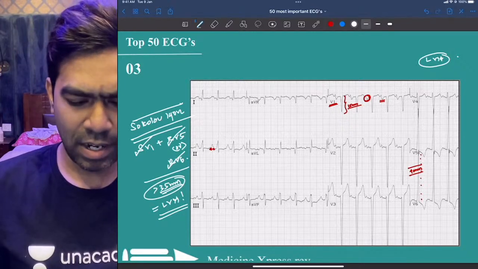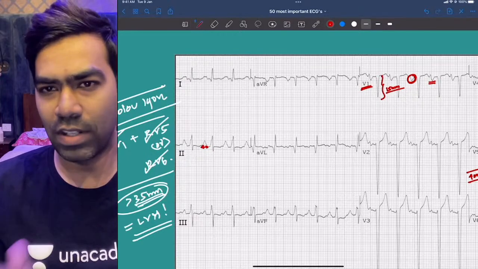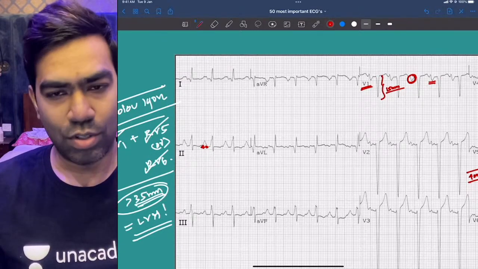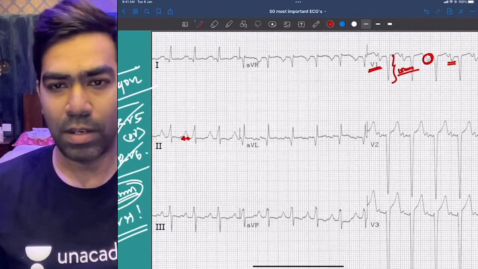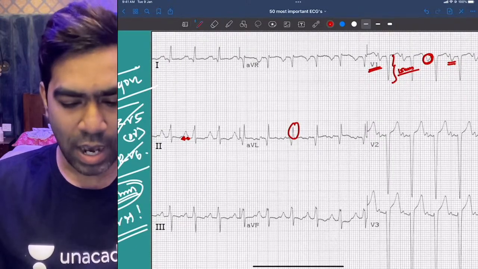There are multiple other criteria. For example, there is something called the R in aVL criteria. Please understand, not everything should fit into your diagnosis of LVH. I mean, not every criteria will be applicable in a particular EKG. So look at this one. Another criteria is R in aVL.